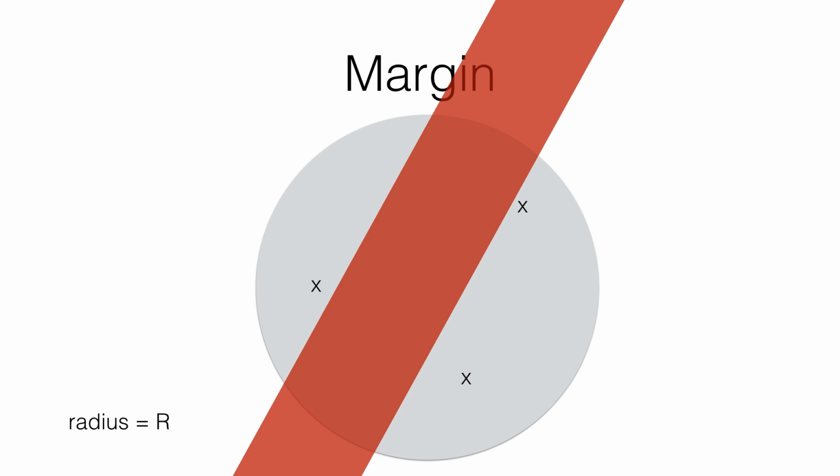When we think about how many points you can put inside a radius r ball that can be separated by some margin of width, let's say gamma, which I think was the term we used before, it brings up spatial arguments about packing points into a sphere. How many points can you pack into a sphere that are some gamma distance apart from each other?